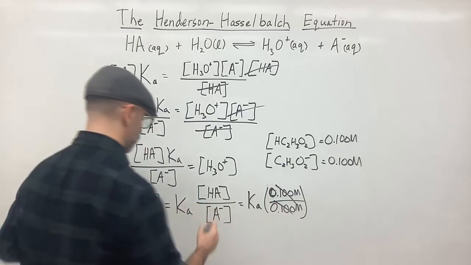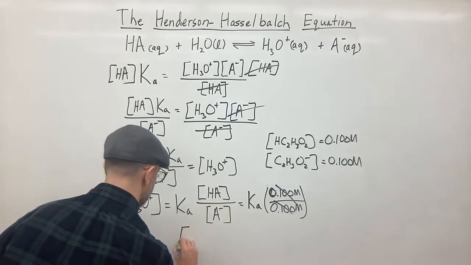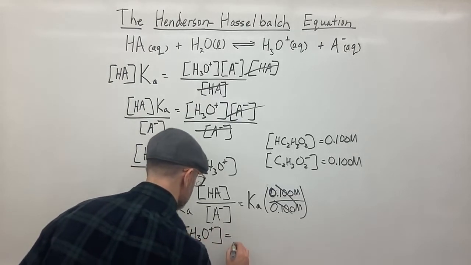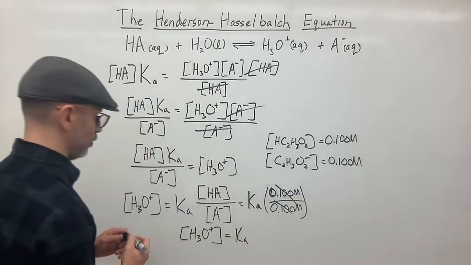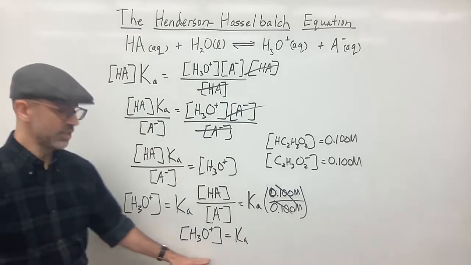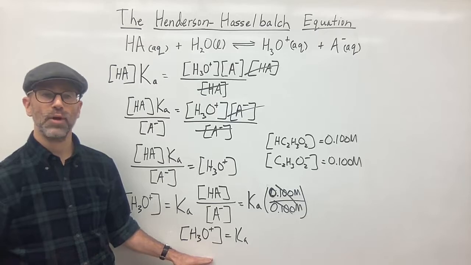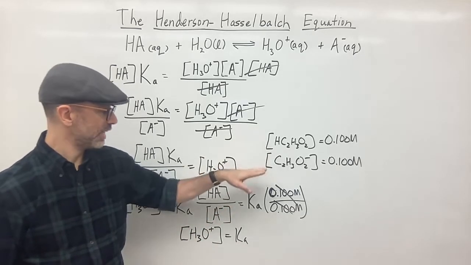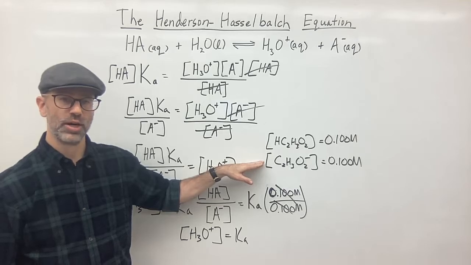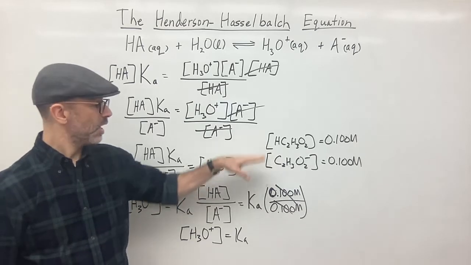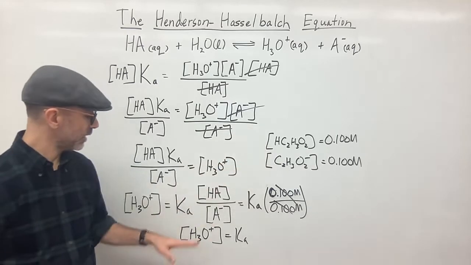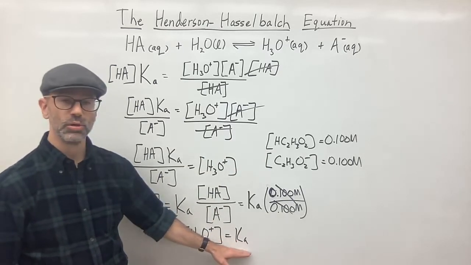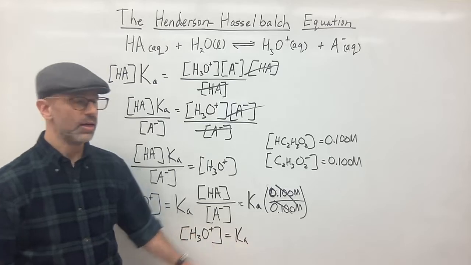And then what you end up with is that the H3O plus concentration is equal to the Ka value. And this is true any time you have the concentration of the acid equal to the concentration of your conjugate base in a buffer, then that's always going to be the case, that the H3O plus concentration is going to be equal to the Ka value.